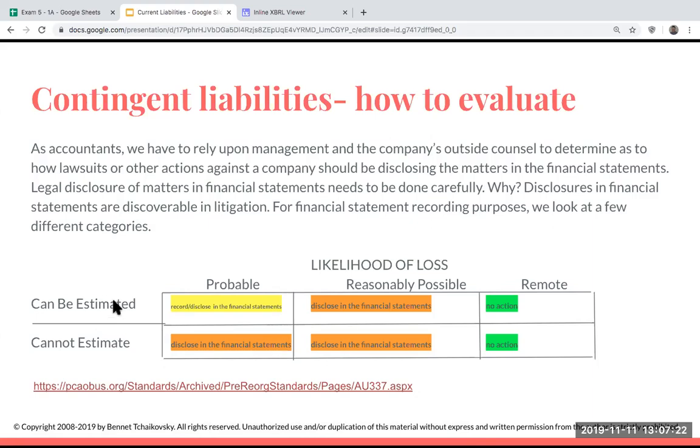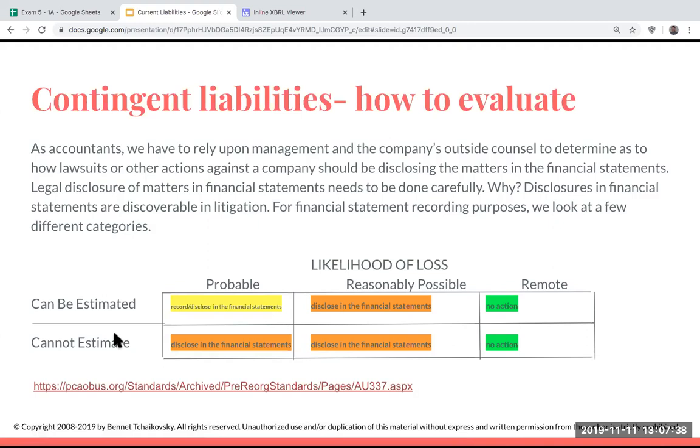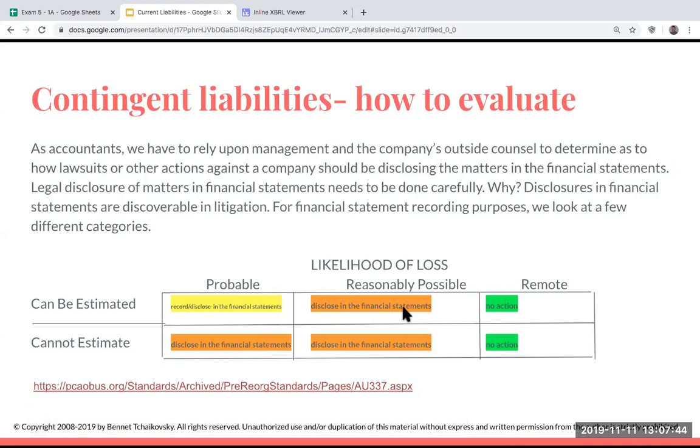The only time we are going to be recording something on our financial statements is right here. It's got to be probable and we can estimate. If we cannot estimate and it's probable, or we cannot estimate and it's reasonably possible, we are just going to go ahead and disclose in the financial statements. If something is remote, we don't do anything.